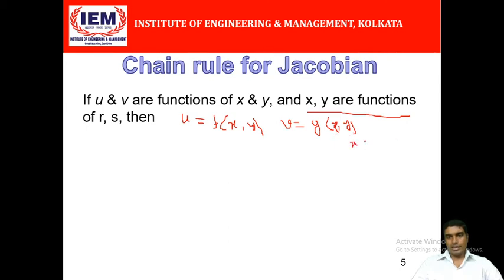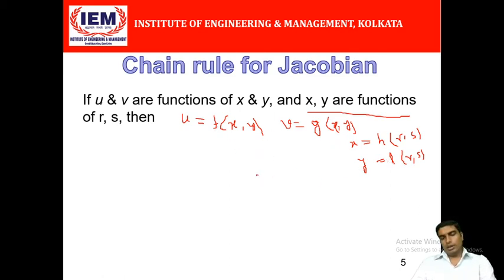Let's say x is another function, h of r, s, and y is another function, l of r, s. So first u is a function f of x, y and v is also a function g of x, y, and x is another function h of r, s, and y is another function l of r, s. So they are basically interlinked.